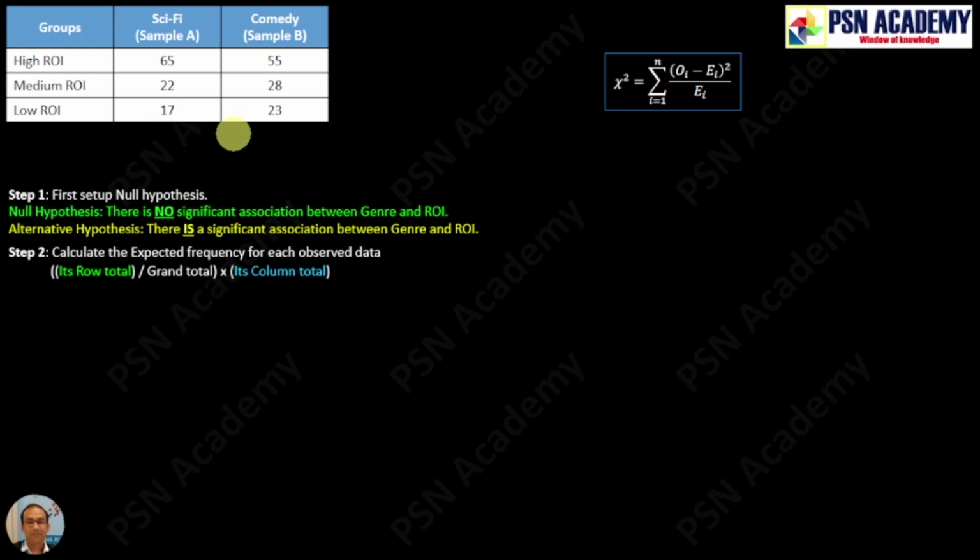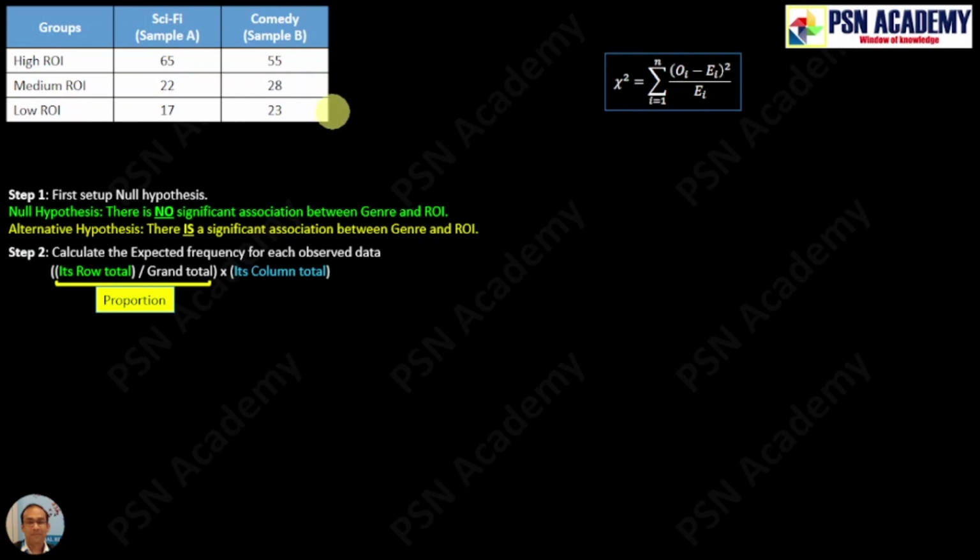Grand total means all the movies, whatever you have collected, the total number of movies you have taken as a sample, multiplied by its column total. Column total goes like this. That means how many sci-fi movies you have collected, or how many comedy movies you have collected. So these totals are column totals, right? Now the thing is that this row total on this side, that means how many high ROI movies are there, how many medium ROI movies are there, or how many low ROI movies are there.